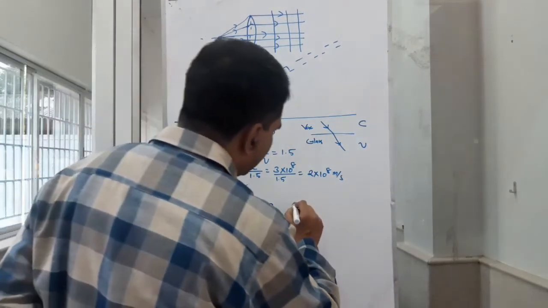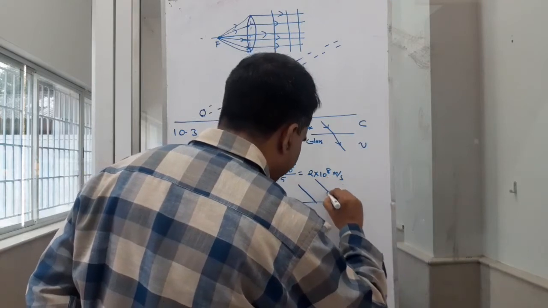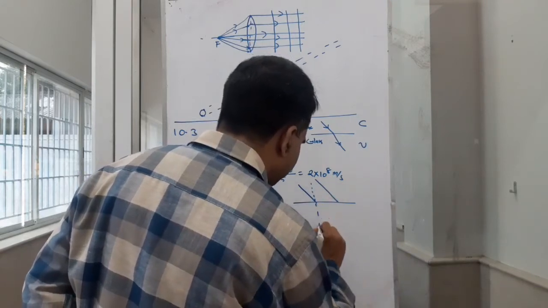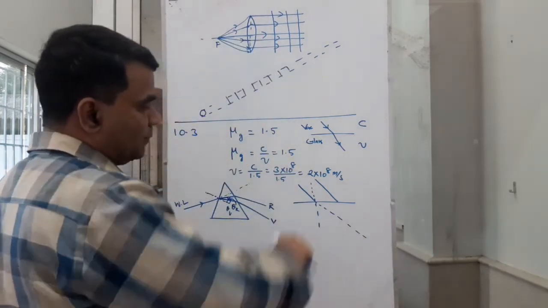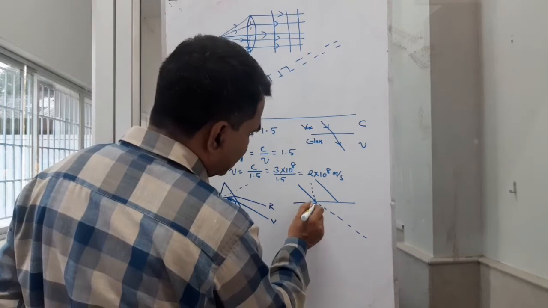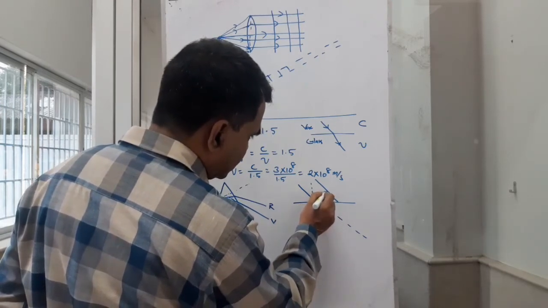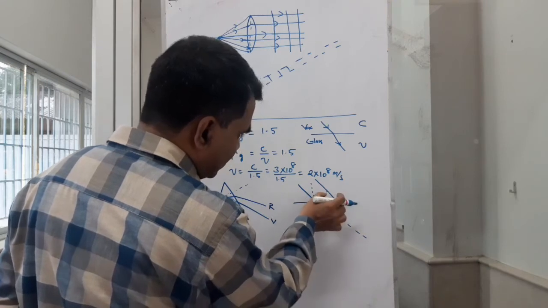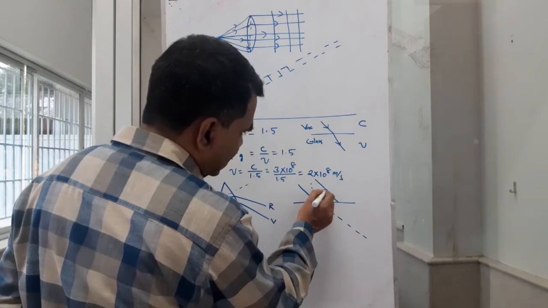So if something bends more, then that must be traveling slower. Think about it. This is the path without any bending. Then if it bends, it travels almost the same distance, let's say this is the distance.